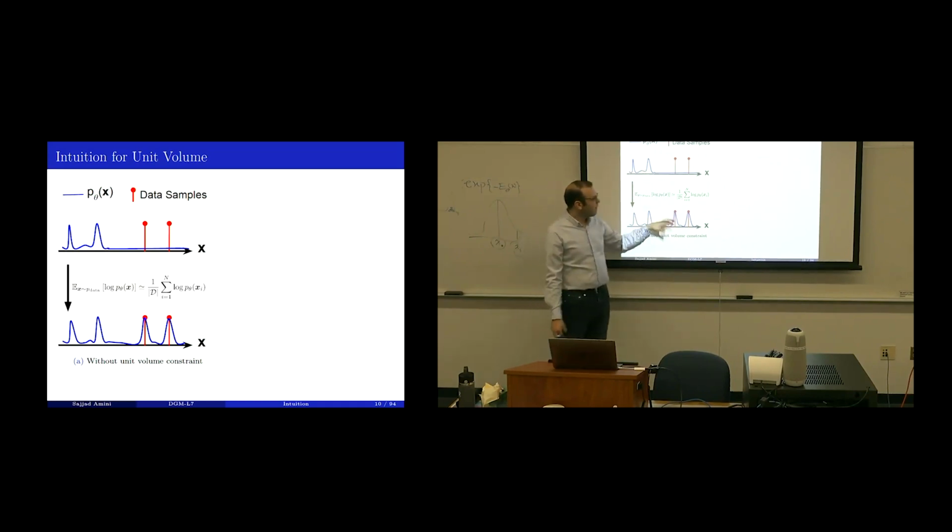When you do not have normalization, it can also provide some likelihood for these two points and preserve its previous peaks. So the area here is more than 1, because the area in these two was 1, but you have some new area here.